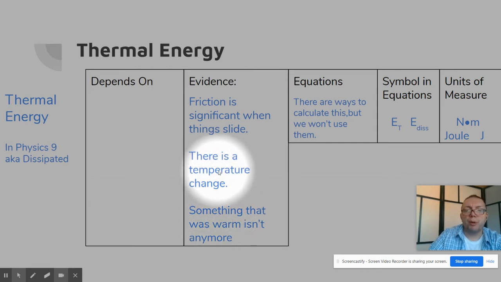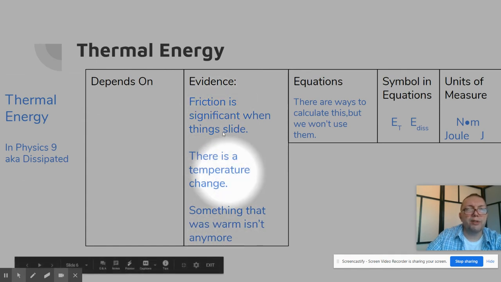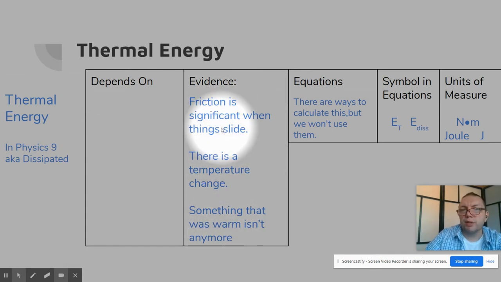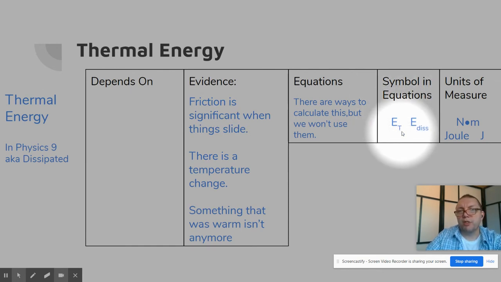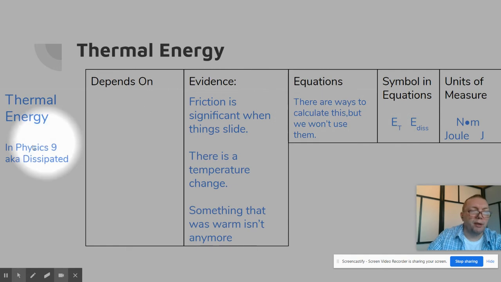Sometimes we think of change in temperatures as something getting warmer, but if something gets colder, there's also thermal energy that was present and it just changed where that thermal energy is concentrated. So any of those sorts of things are indications or evidence that thermal energy is a significant player in a problem. In equations, we are going to go with E with the subscript T for thermal, or we're going to go with E with a subscript D or dis for dissipated.